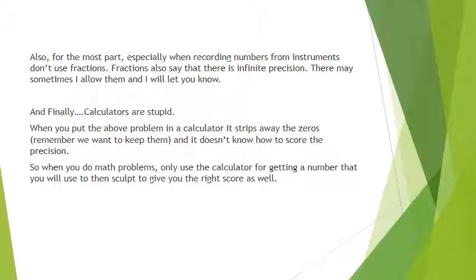And the other thing is, don't use fractions. I told you guys you could use fractions like in stoichiometry and things like that, and I'll let you know when you can do it. Don't use half. You're going to use 0.5 or 0.50 depending on your measuring device. And like I said, calculators are stupid. They're inanimate.